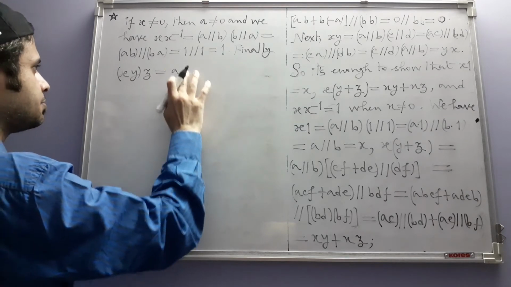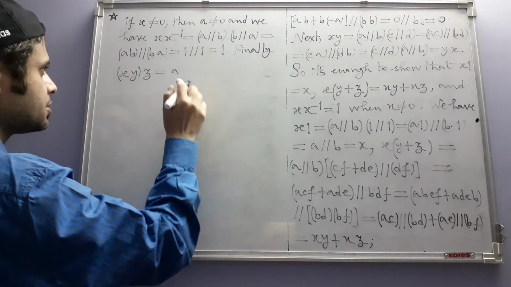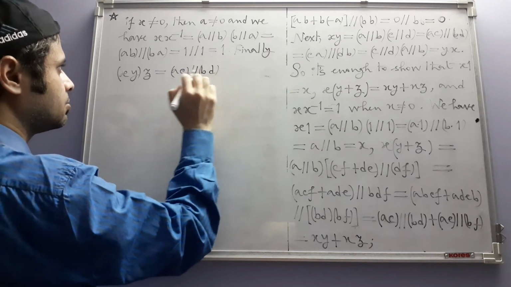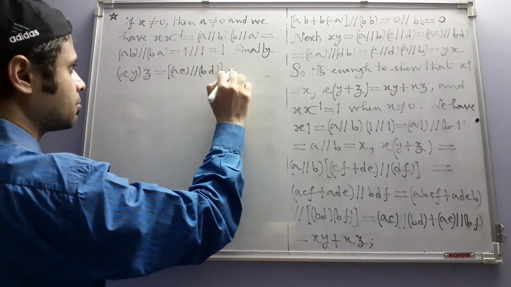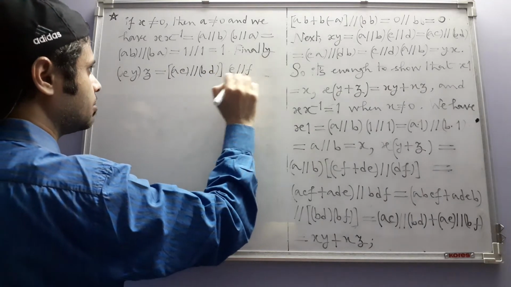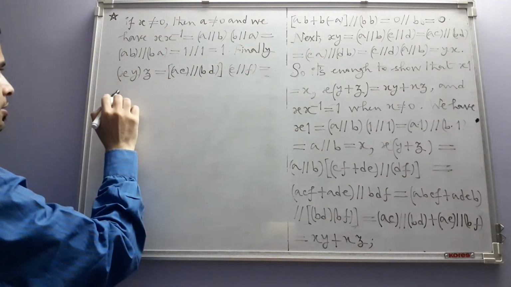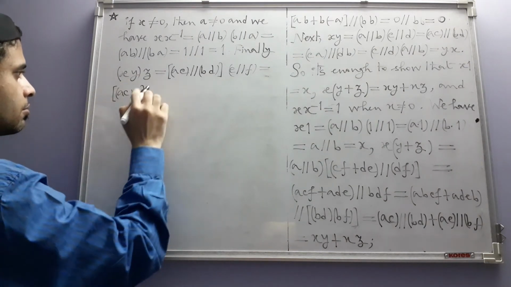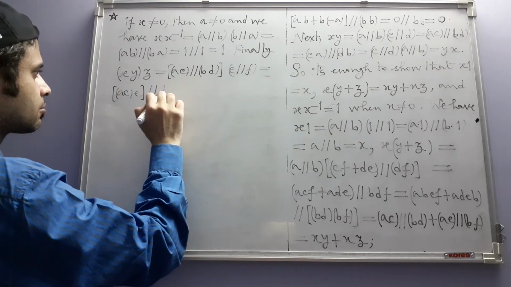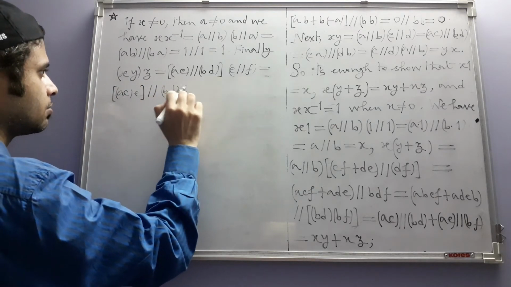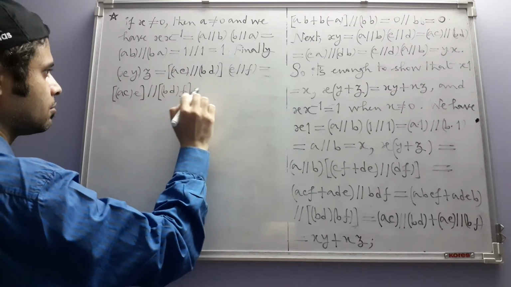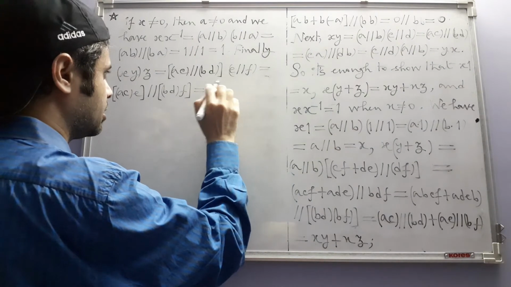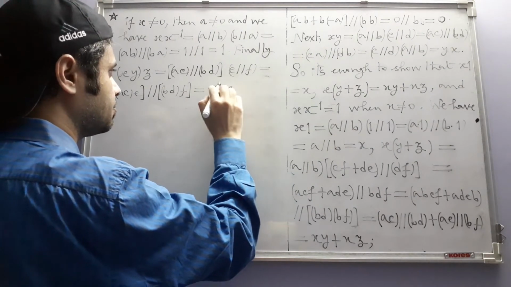This becomes a by b times c by d, so AC by BD, times E by F, and this is equal to ACE by BDF. Now multiplication of integers is associative. We already have that fact, and we are going to use that here.